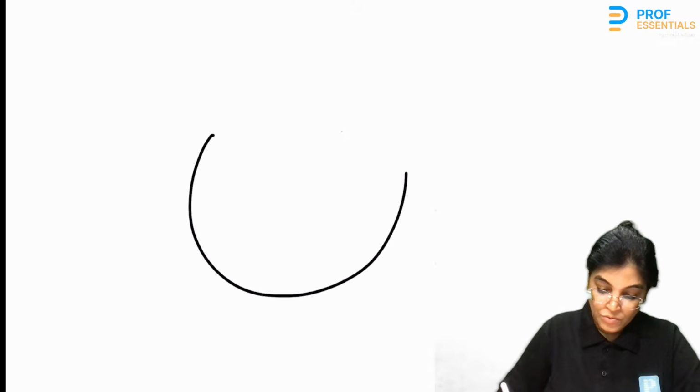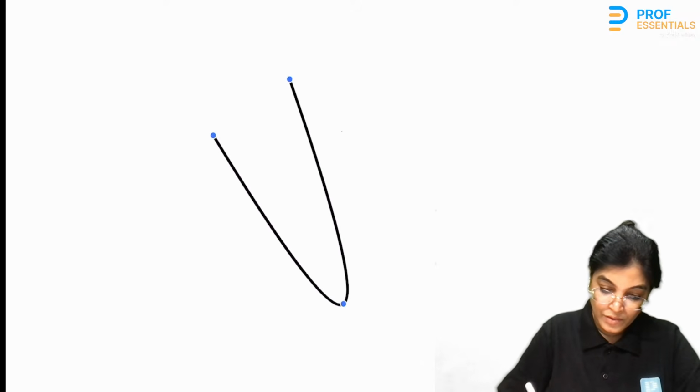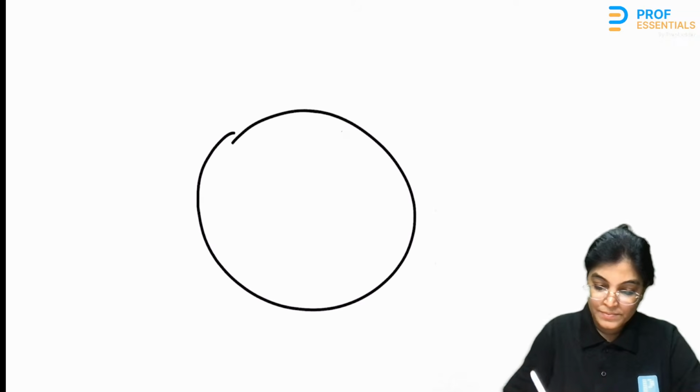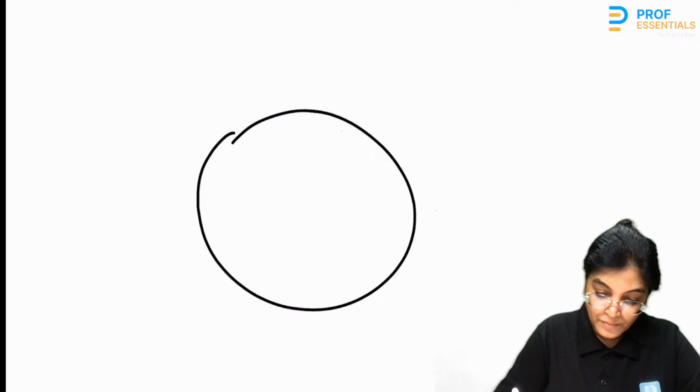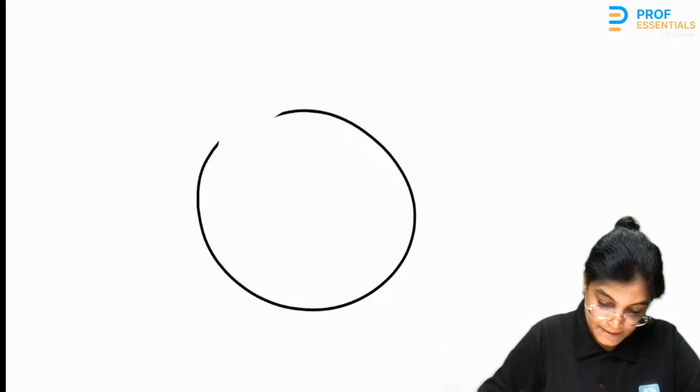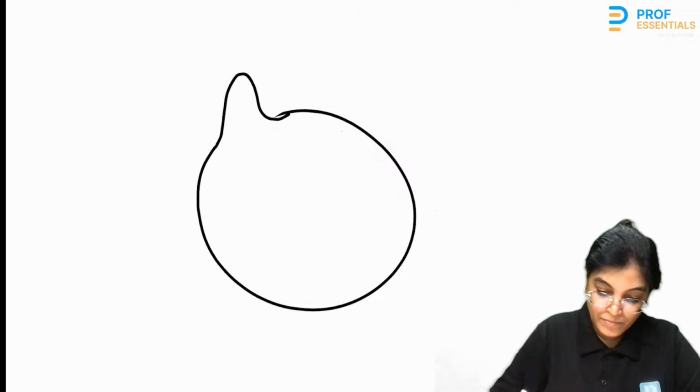Now again, I am going to draw the breast outline. Okay, not a complete circle I have made. So this is the breast. Now here the axillary tail of Spence will also be made.